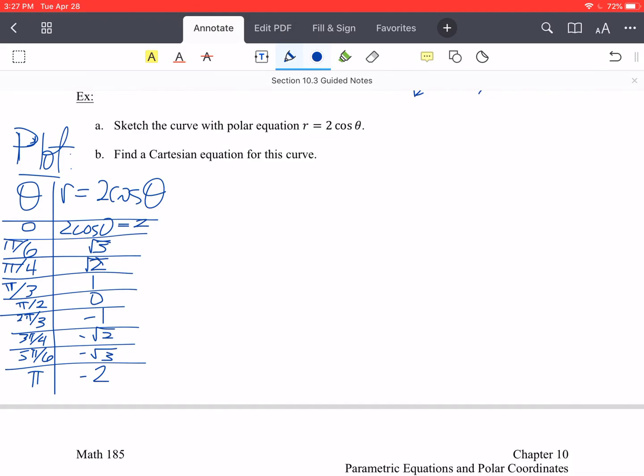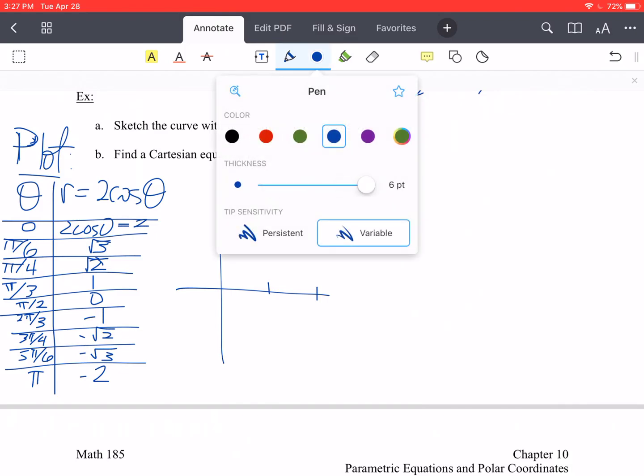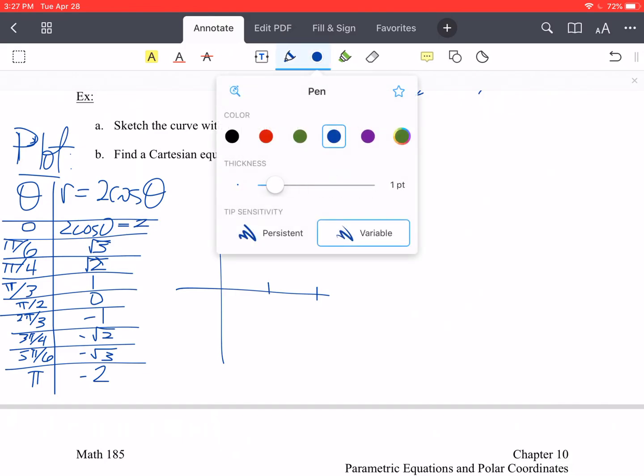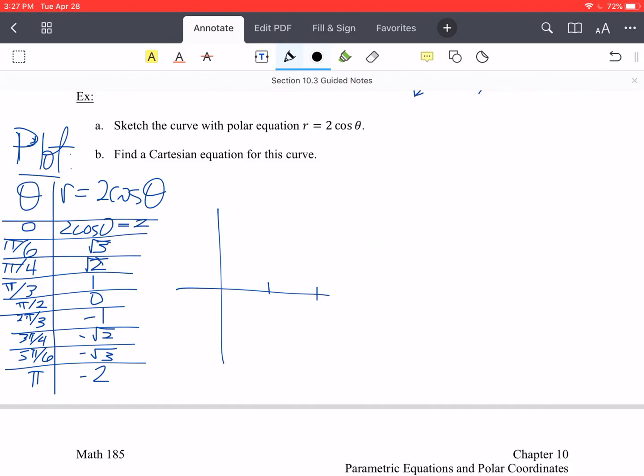Okay, so let's plot some of these. Let me make this a bit bigger. Let me get my angles in here first. I'll do these in blue.